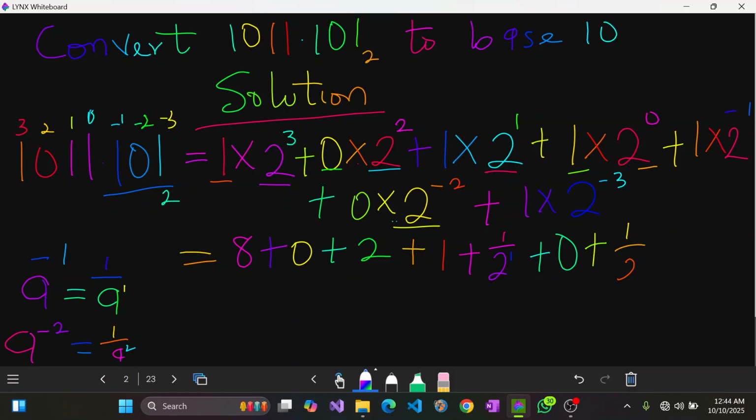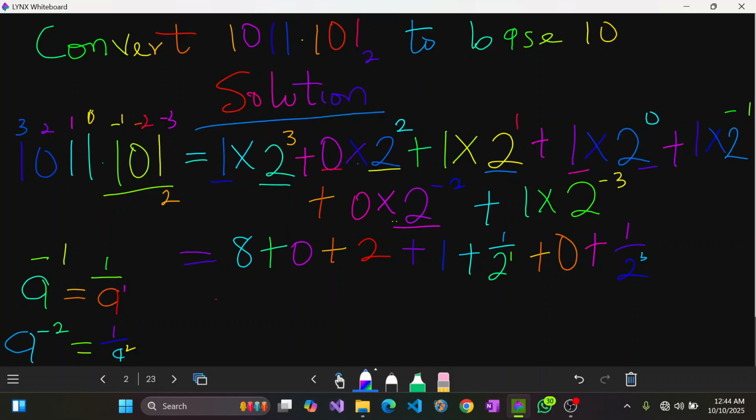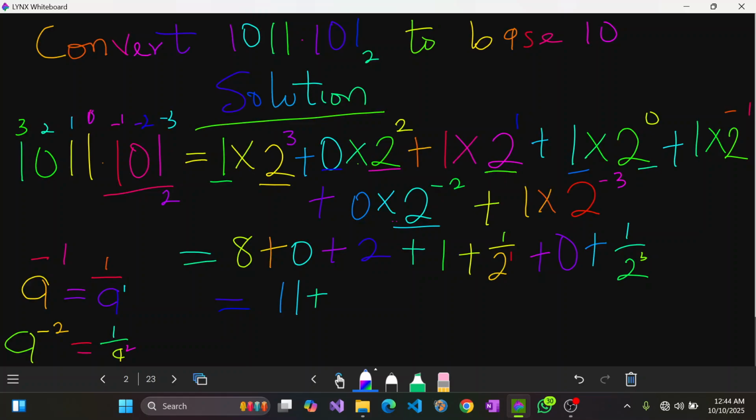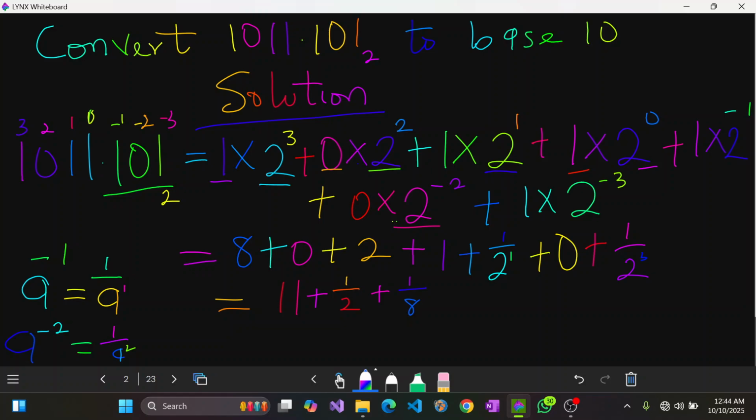So you have 8 plus 2 plus 1, which is 11. Then plus 1 over 2, because 2 raised to the power of 1 is 2. Then plus 1 over 8, because 2 raised to the power 3 is 8. So all we need to do is add 1 over 2 plus 1 over 8 together.